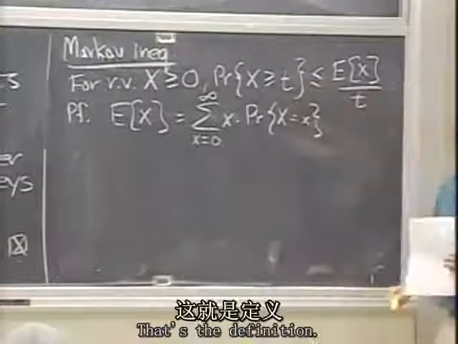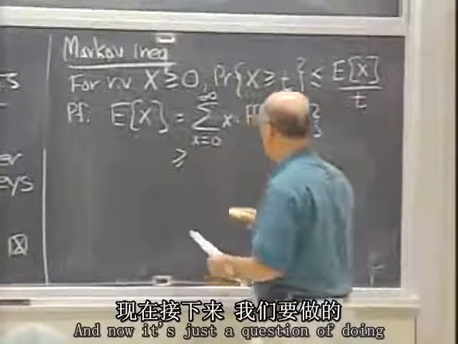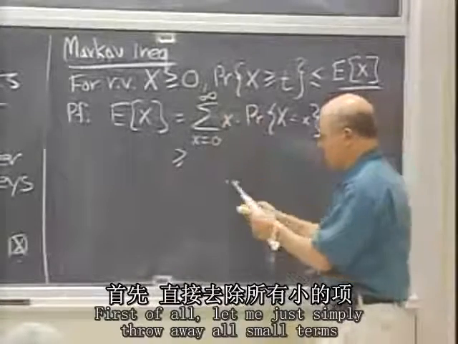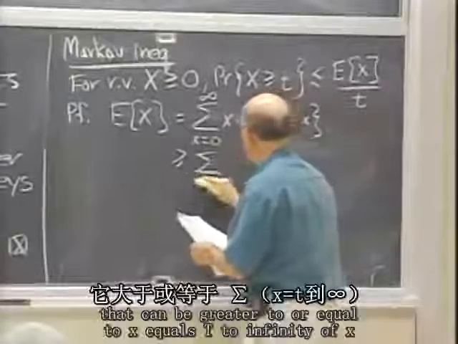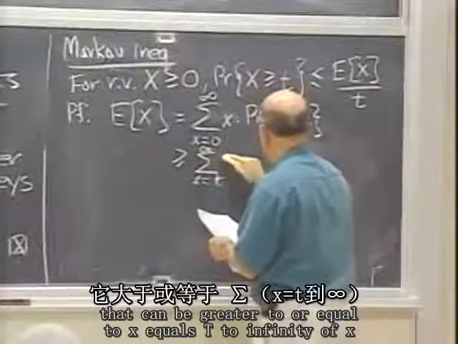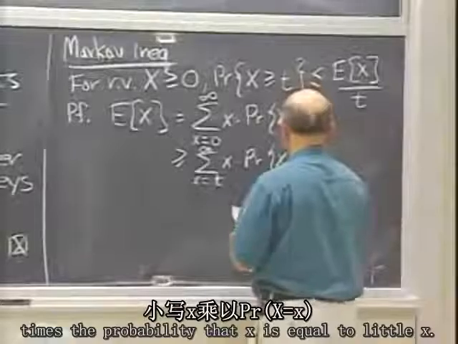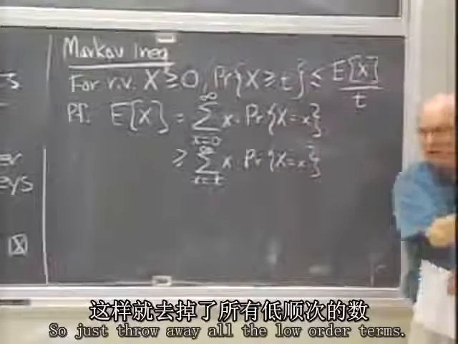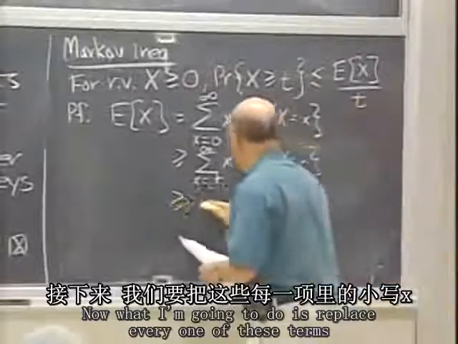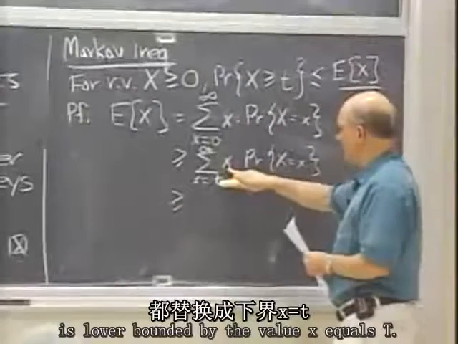That's the definition. And now it's just a question of doing the coarsest approximation you can imagine. First of all, let me simply throw away all small terms. So that's greater than or equal to the sum from x equals t to infinity of x times the probability that X is equal to little x. So just throw away all the low order terms. Now what I'm going to do is lower bound every one of these terms by the value x equals t.